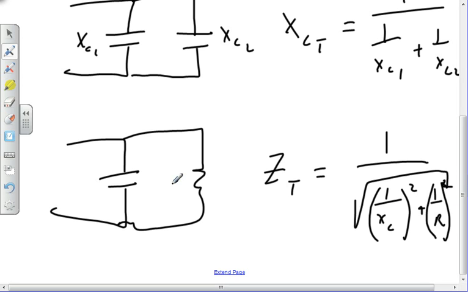Because my resistor and my capacitor are 90 degrees out of phase with each other when it comes to current and voltages, that's going to cause me to do a different type of calculation for impedance when I have both of them in there.